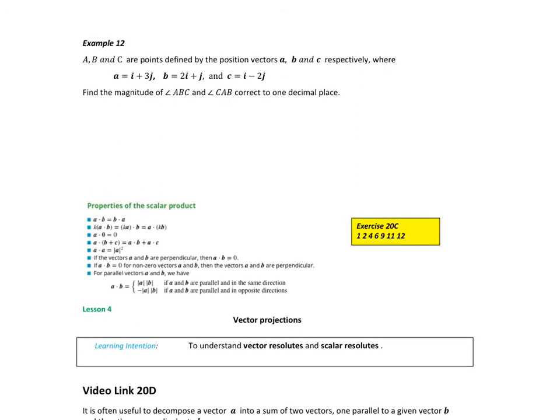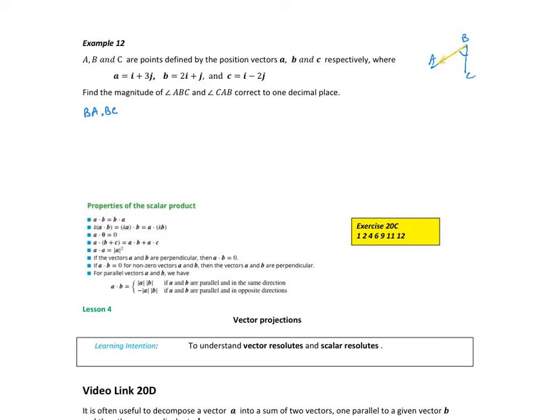So finally, A, B, C points are defined respectively. Find the magnitude of the angle ABC. So let's have a think about that, angle ABC. From A to B to C, it's that angle there. It's really important that the angle ABC is the angle between BA dot BC, so it's coming from a common point.